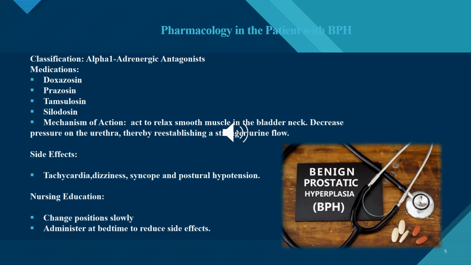So always educate these patients, if they have orthostatic hypotension, to change position slowly. Remember that they might be dizzy at the beginning when they change positions. Dizziness is a common side effect. Change position slowly and try to give it at bedtime.